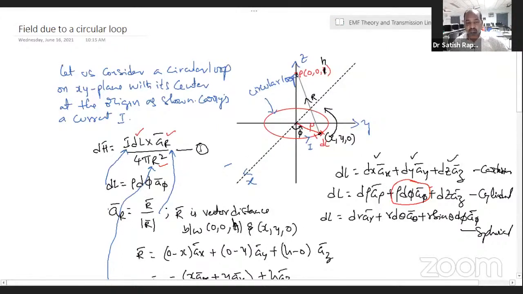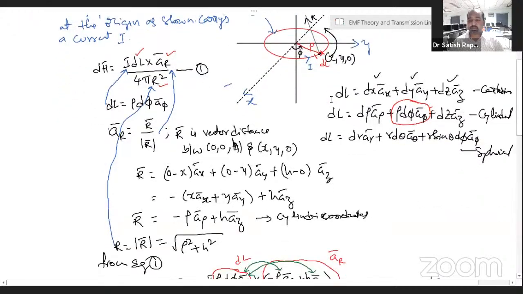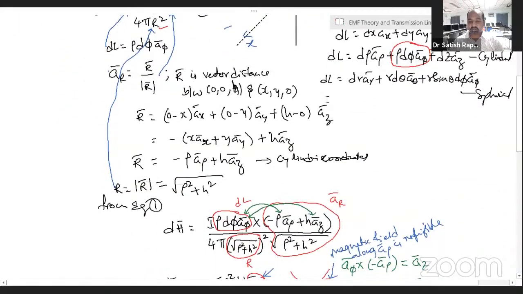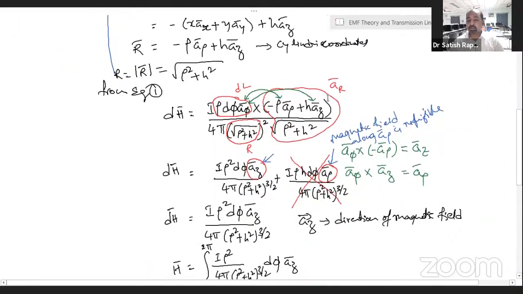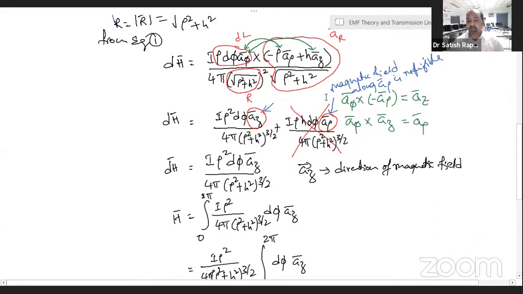From equation 1, substituting dl, a r bar, and r values, and simplifying, we will get the magnetic field. Here r is the distance between point P, that is (0, 0, H), and (x, y, 0). Find the vector distance and scalar distance, substitute, and simplify.